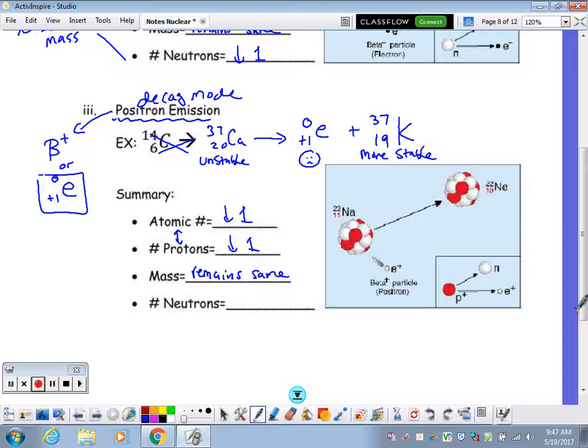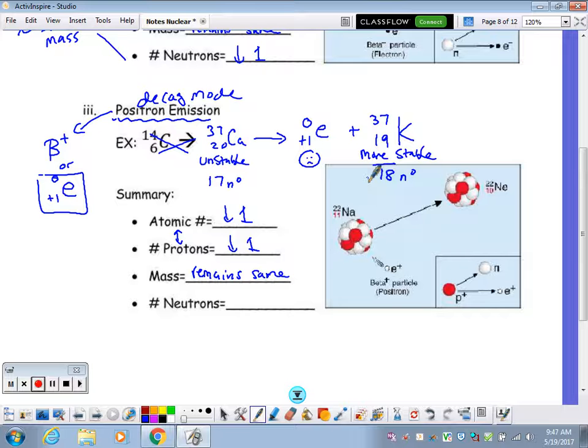If we do our math, 37 minus 20 gives us 17 neutrons. Harder math to do in my head: 37 minus 19 gives us 18, so potassium-37 has a total of 18 neutrons.